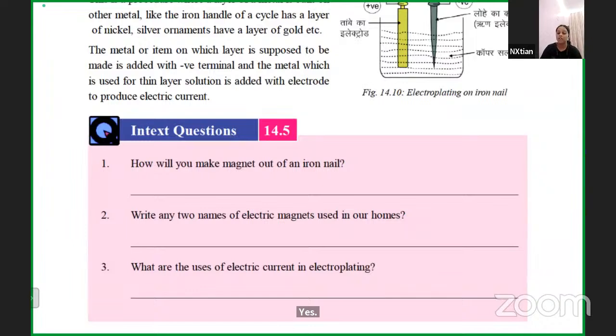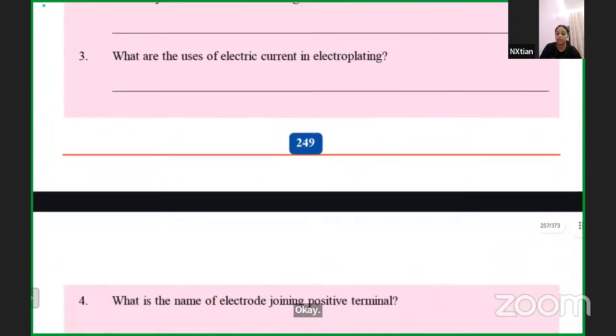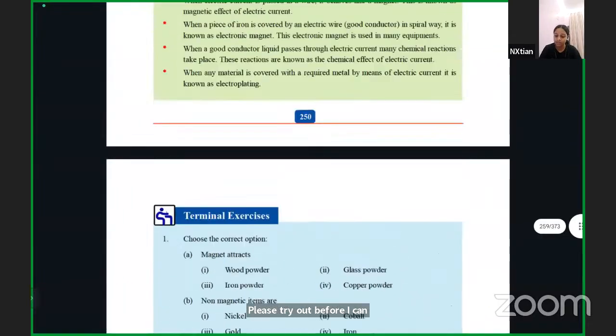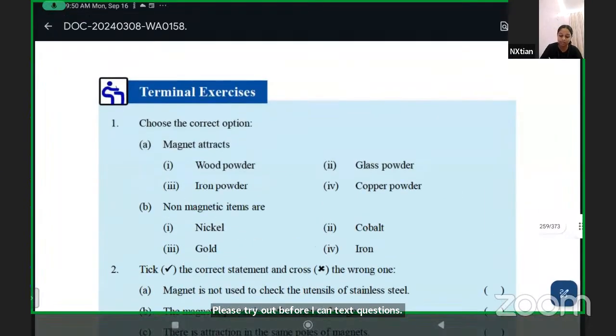So 14.5 is the homework. And also, please try out the in-text questions and terminal exercises also.